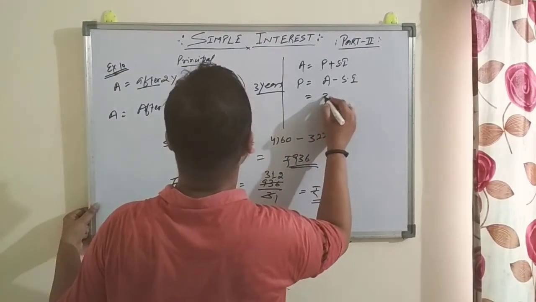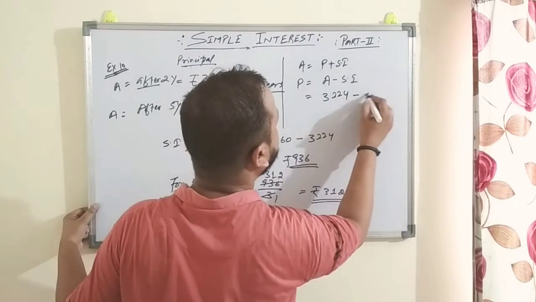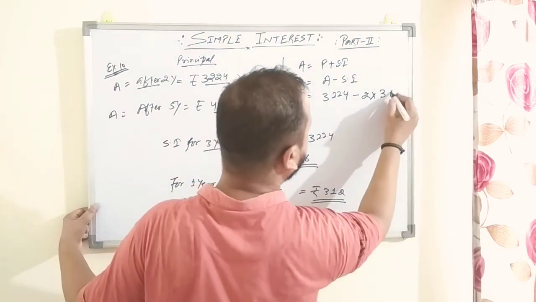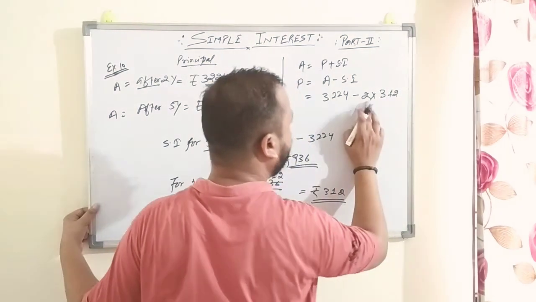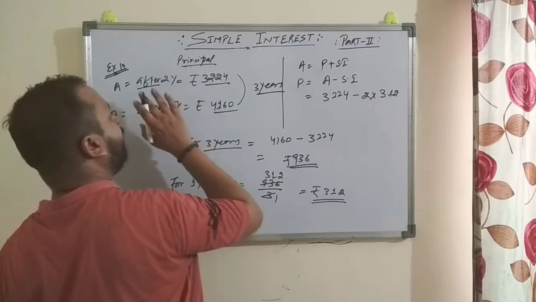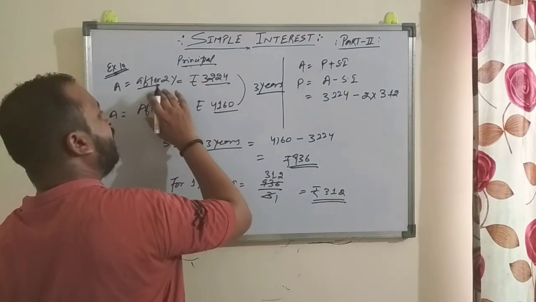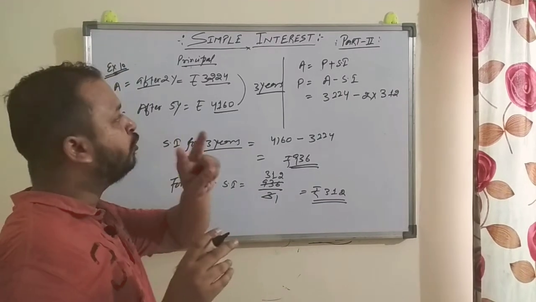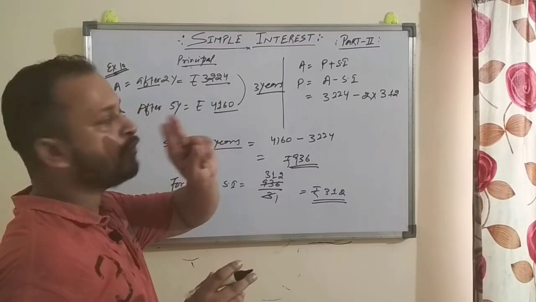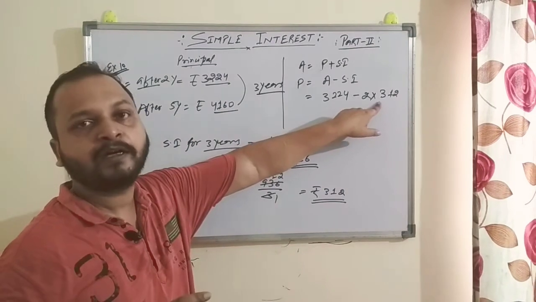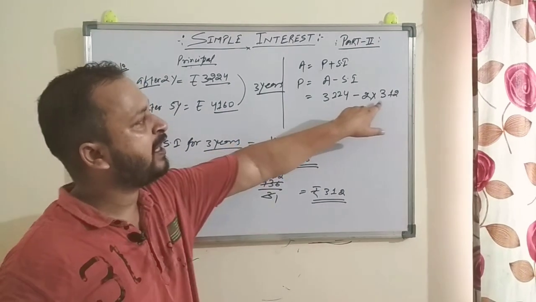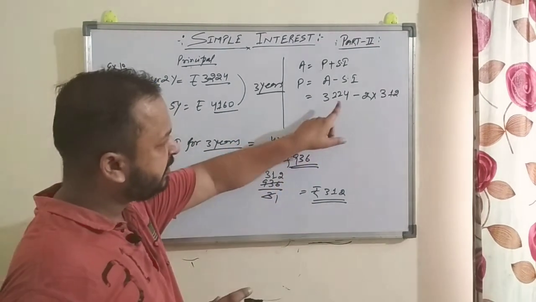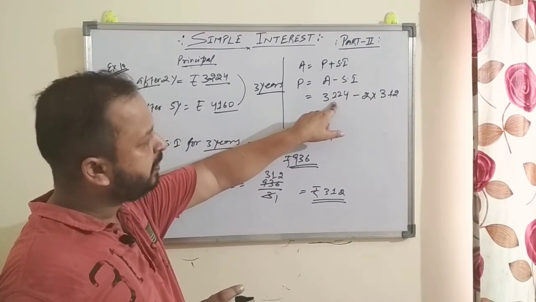So amount is 3224 minus 2 into 312. Why am I doing 2? Because after 2 years you are getting this amount, means you have got the simple interest for 2 years. So just subtract simple interest for 2 years. For every year you are getting 312 rupees. So for 2 years you are getting 624 rupees. Just subtract 624 from here.